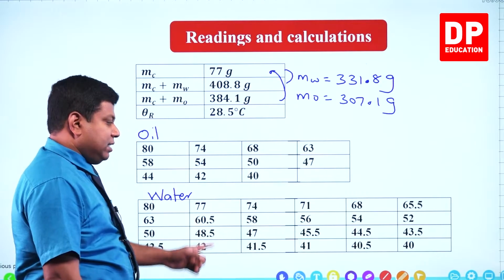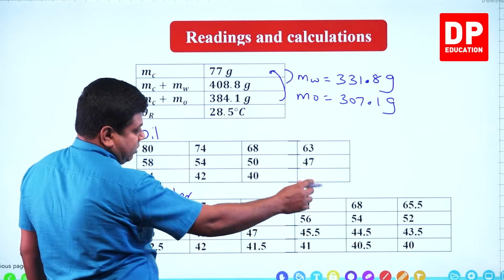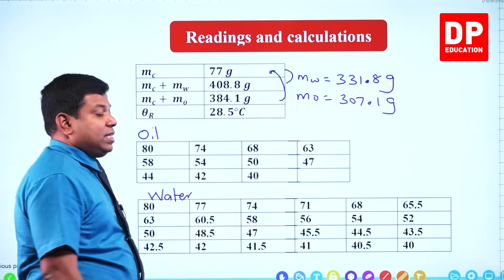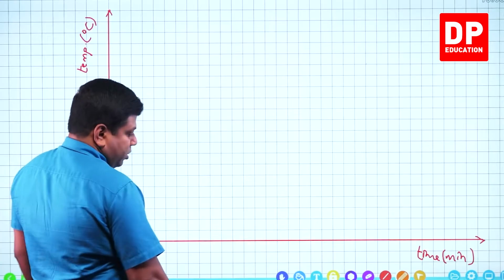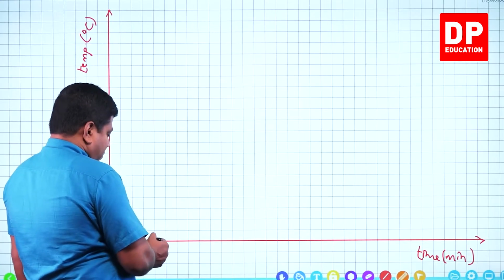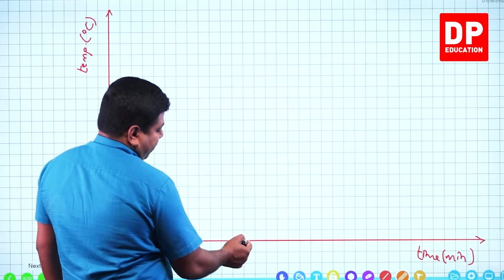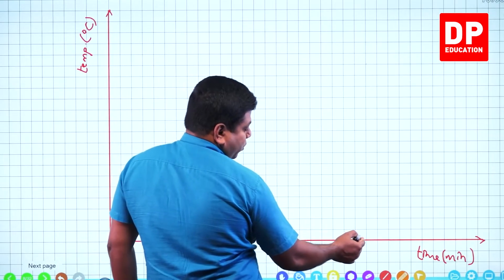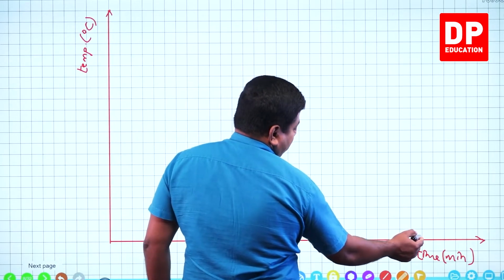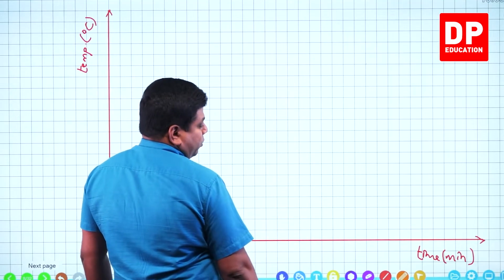Check the time. Water is the one which has taken longer time. 3, 6, 24 readings are there, which is approximately 12 minutes. Let's see. 2, 4, 6, 8, 10, 12, 14, 16, 18, 20, 22, 24, 26, 28, 30, 32. 32 are there.